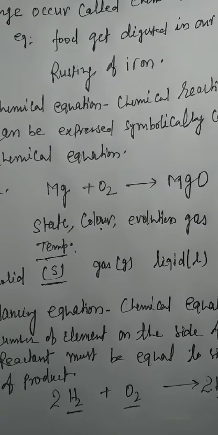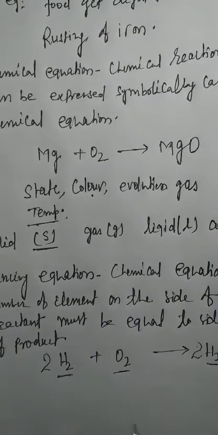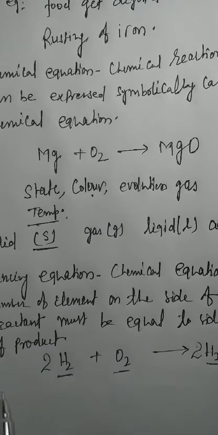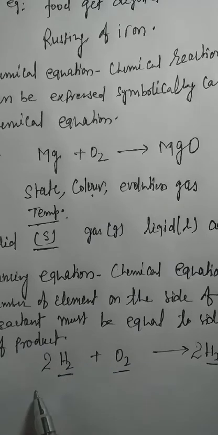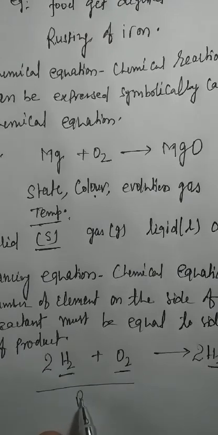And this is just an idea to balance the chemical equation, in which we watch that the number of atoms of each element involved in the reaction remains constant, the same on both sides. Whatever is on the left side is called the reactant portion.